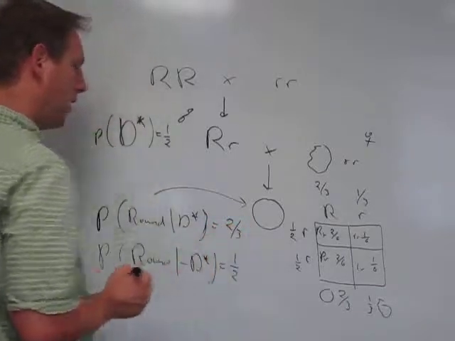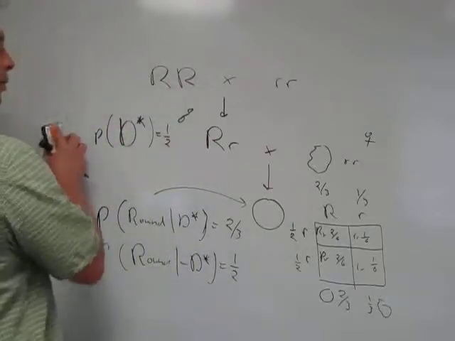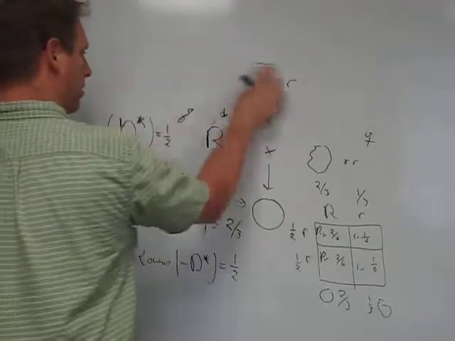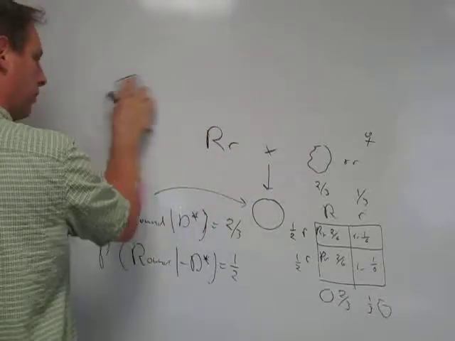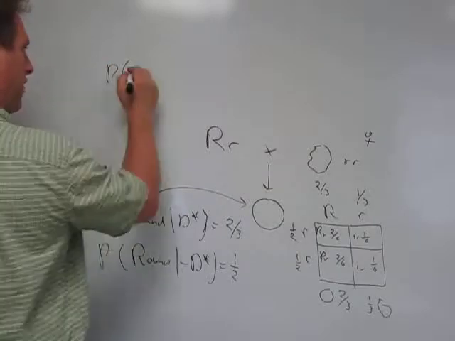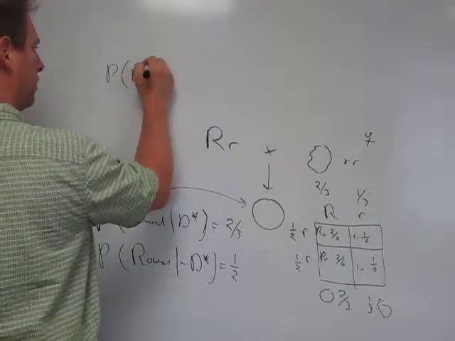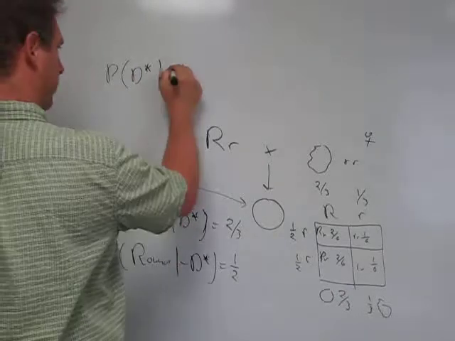Okay, now we're going to ask one more final problem. I'm going to erase some of this up on top so you can keep track. We're going to ask, what's the probability that this individual is in fact D star, okay, given that we observe this round pea.